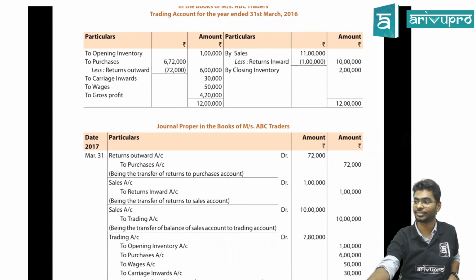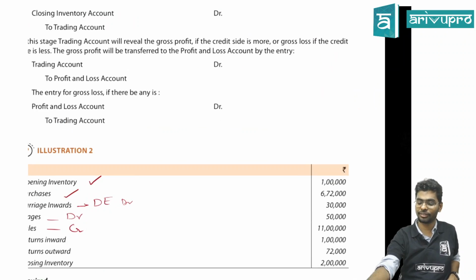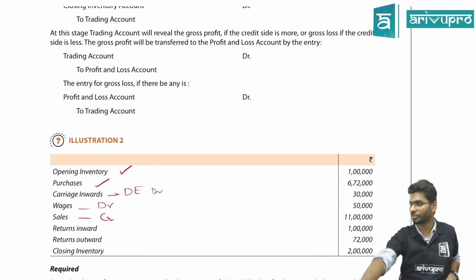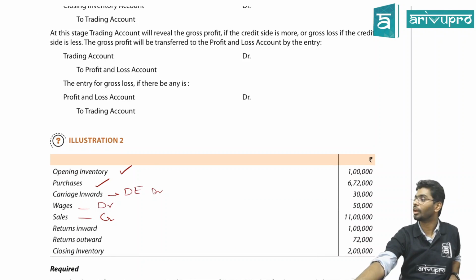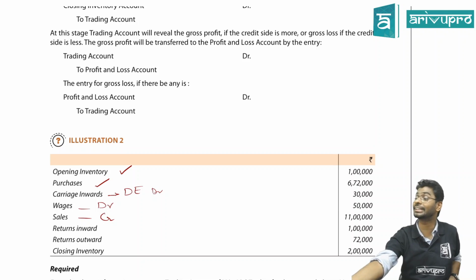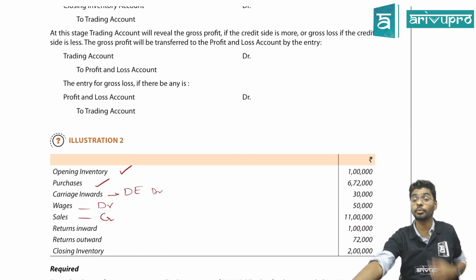Inward is what we are getting into the business. When I say carriage inwards, it basically means goods are coming into my business. When I say return inwards, goods which I have sold are coming back in.